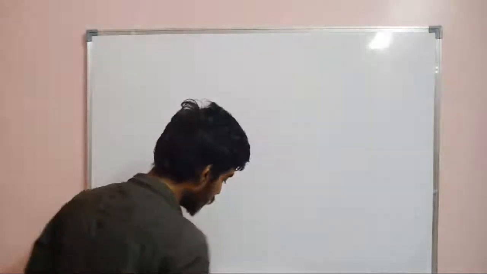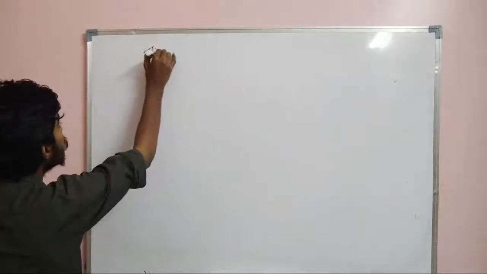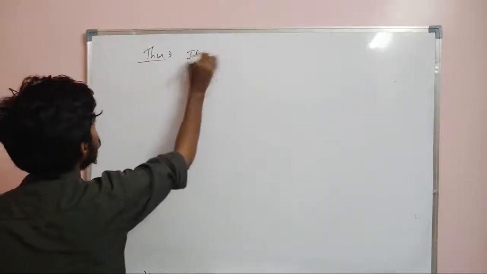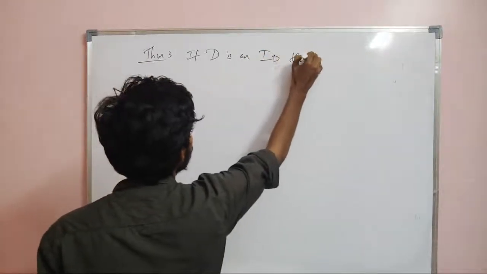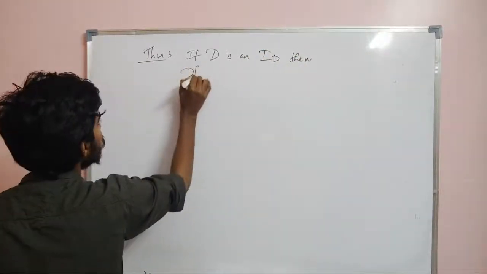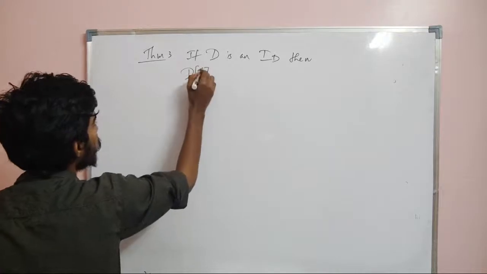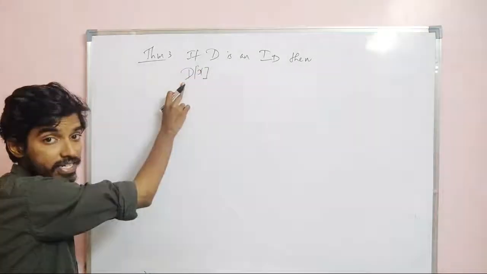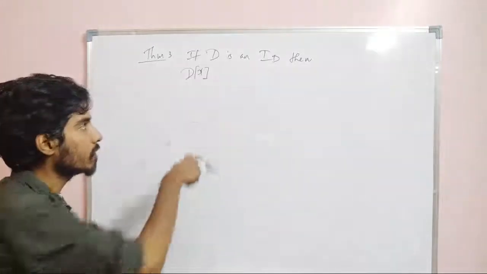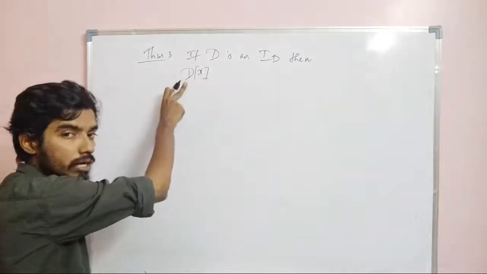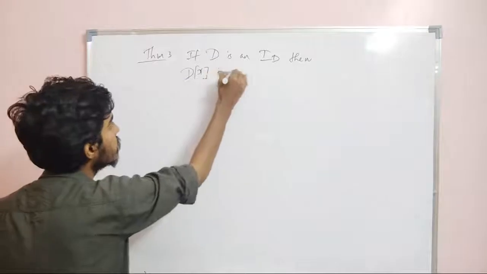Now theorem 3 is, if D is an integral domain, then D of x, that is a polynomial over integral domain. Theorem 1 is polynomial over ring is a ring. Here what we are proving is polynomial over integral domain is also an integral domain.